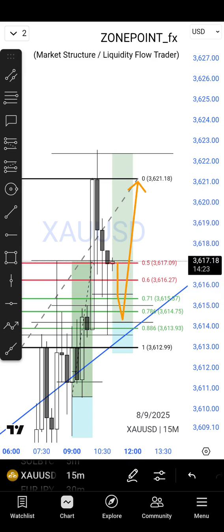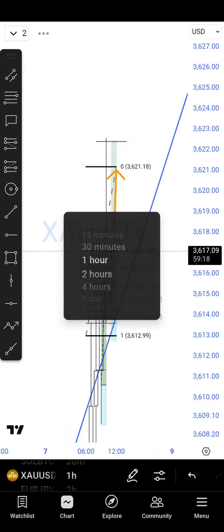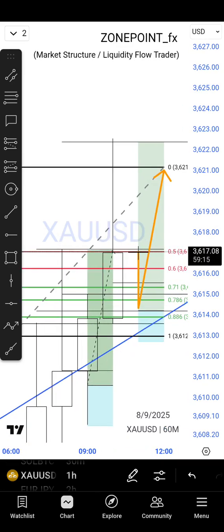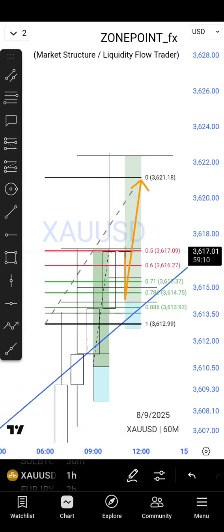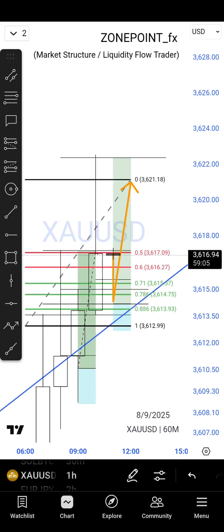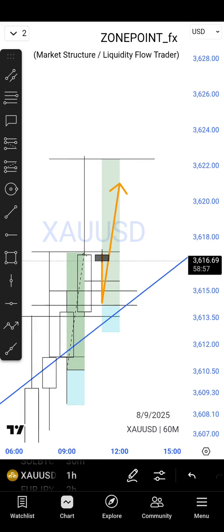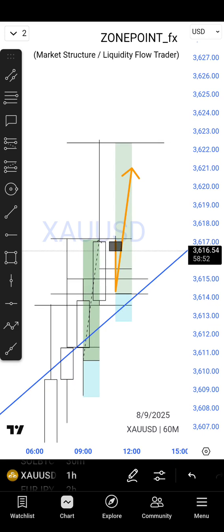So any one of it, let's see how market is going to perform. But due to my fib that I drew, I'm expecting market to sell down before selling up. So let's just stay patient on it and see what the market will do.